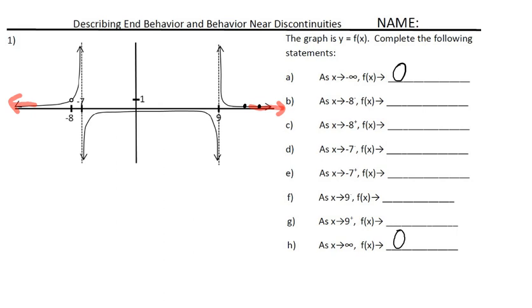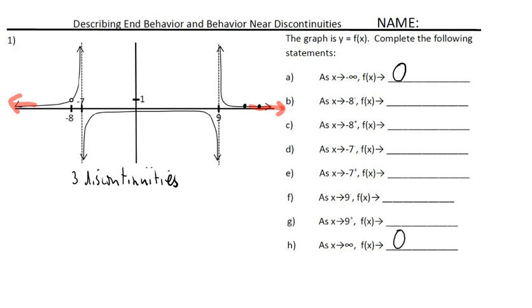All right. Questions B and C are asking about what's going on near negative 8. And I'm guessing you haven't seen this notation before. If you have, then you're ahead of the game. But do you see how there's a negative in front of the 8 and there's a little negative after the 8 that's superscripted, that's higher?